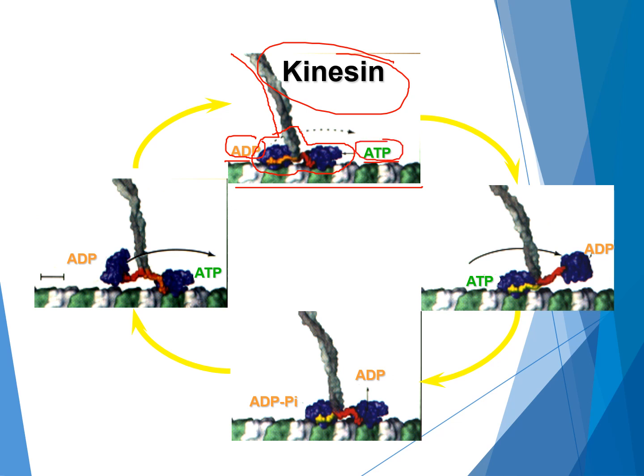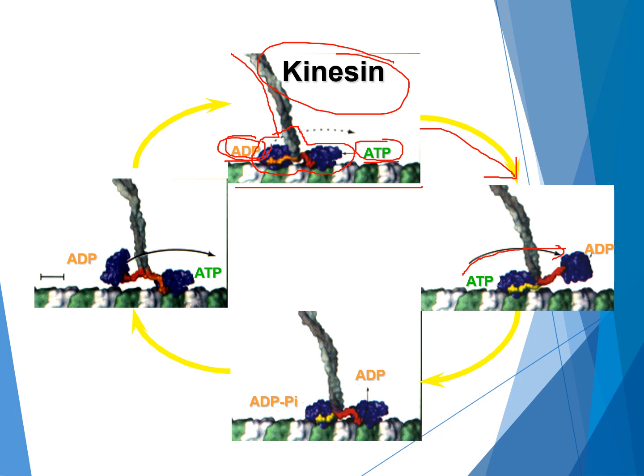This is ATP and over here is ADP. The arrow moves like this. So that means the kinesin will turn its leg to the front by the conversion from ATP to ADP.